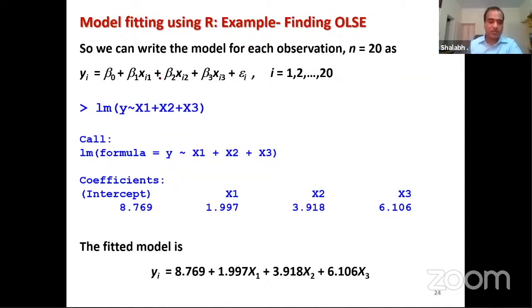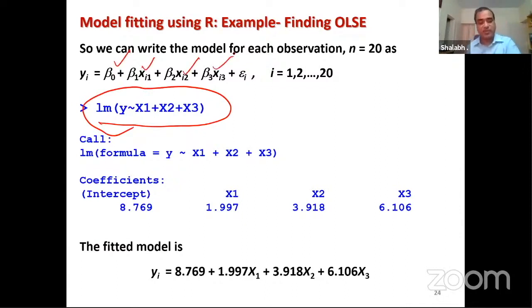Once we try to find our model here, I have to use this type of command, and our model is actually y equals beta 0 plus beta 1 x1 plus beta 2 x2 plus beta 3 x3. So I give this command and I get this type of outcome. Now you can see here, this is the value of the intercept term, this is the value of beta 0. This is x1, so this is the value of beta 1.